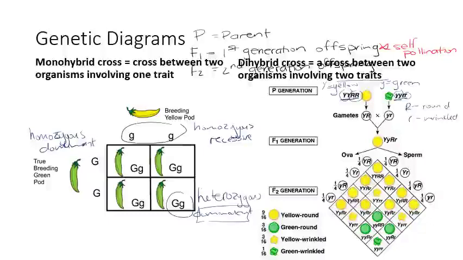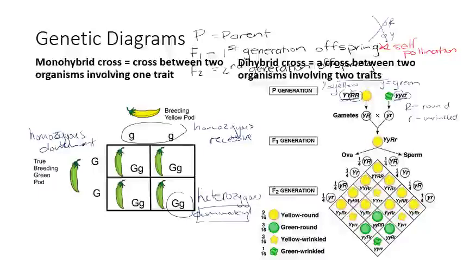Both of those are coded by different genes on your chromosome. So we have our chromosome, that can be the gene location for your Y, and that can be the gene location for your R's. So they are two different gene traits that are being crossed here.